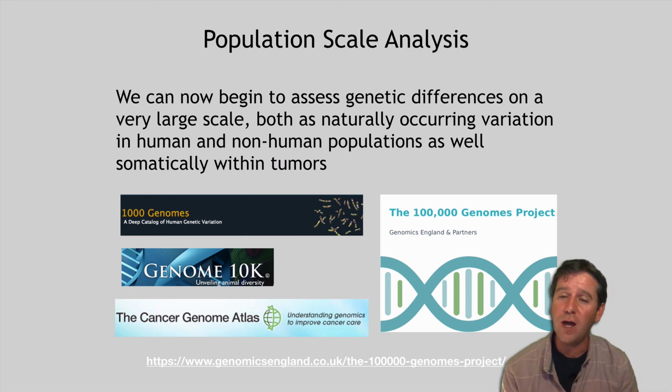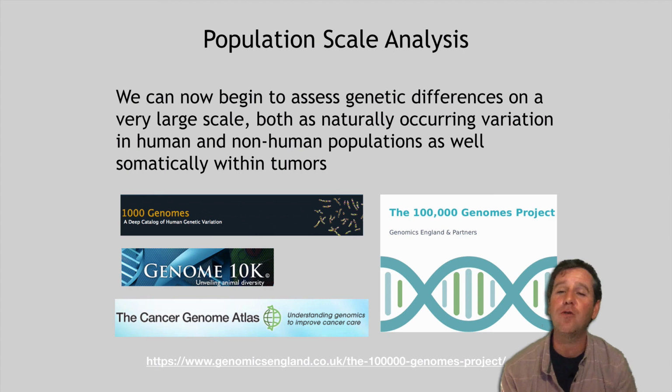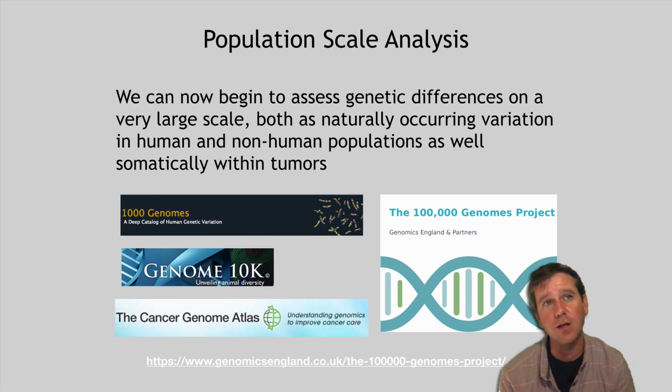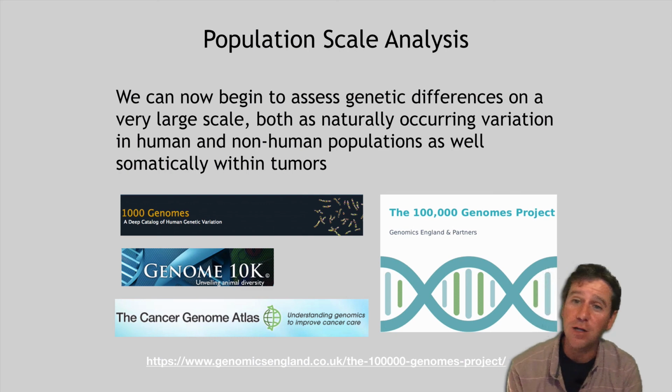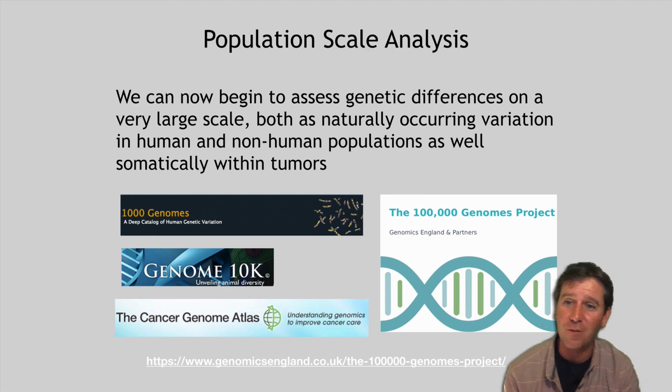But once we do have a large number of samples, as we're accumulating from these projects whose splash screens or icons I'm showing, we can start to do cool things. We can start to do real population scale analysis. We can assess genetic differences on this large scale, both naturally occurring variations within human and non-human populations, what makes us distinct from other animals, for example, as well as disease states.